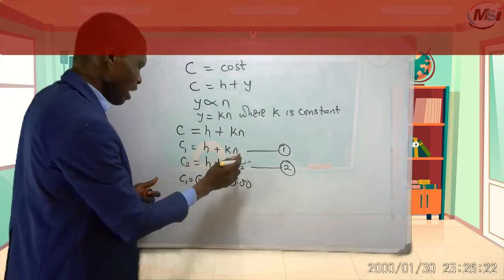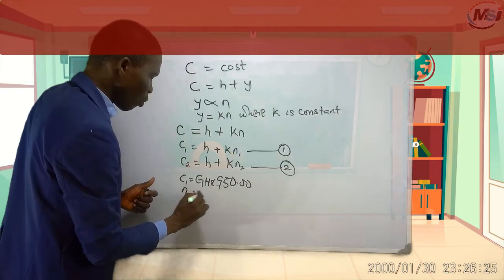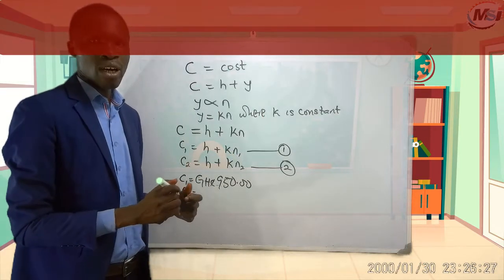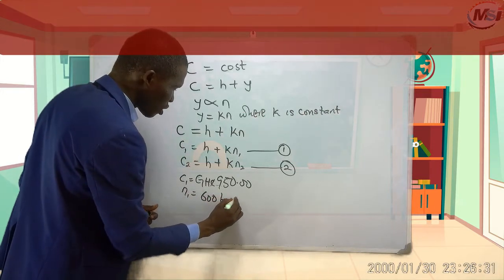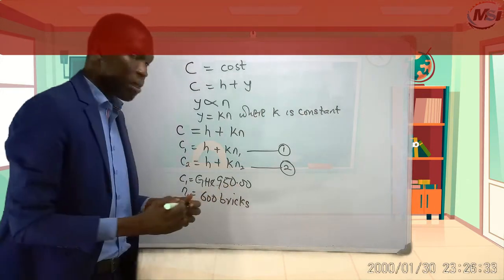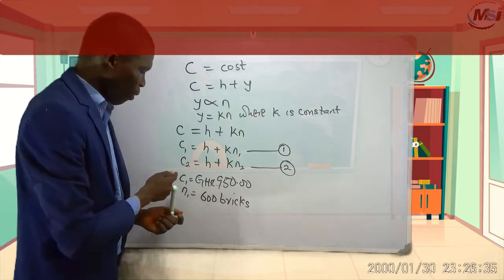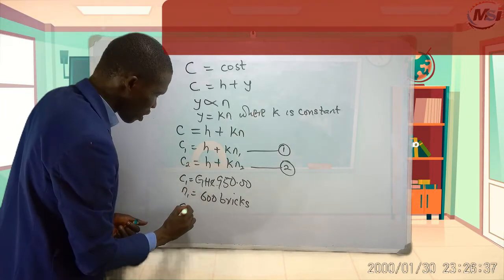Then N1 will give us, from the question, 600 bricks. Then we want to look for C2.